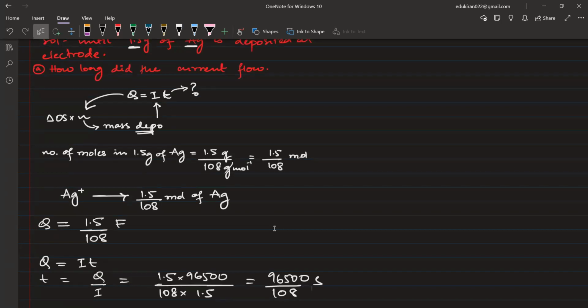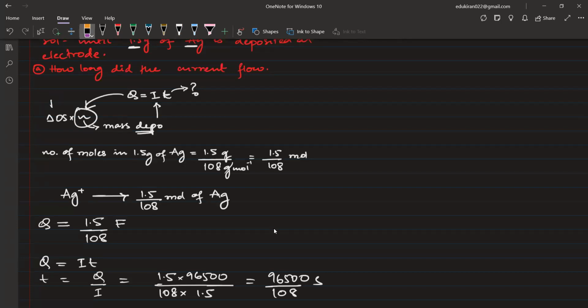I think the reason why we are calculating the number of moles is also very clear from the previous questions that we did. From the mass given, I will calculate the number of moles, and I can get the delta OS from the equations. Here delta OS is equal to 1, and Q will be equal to delta OS into N. Delta OS was 1, and number of moles was 1.5 upon 108. That is what I have written here.